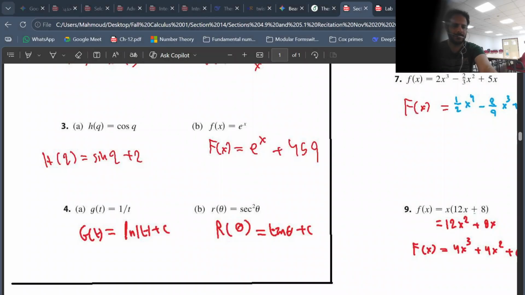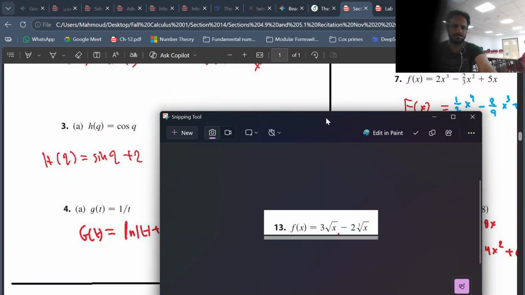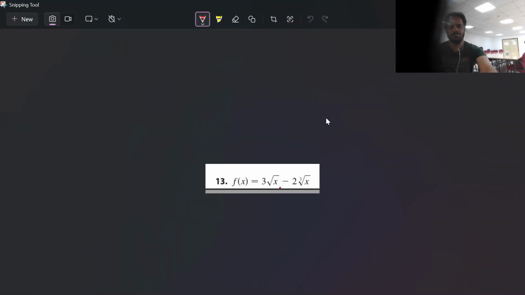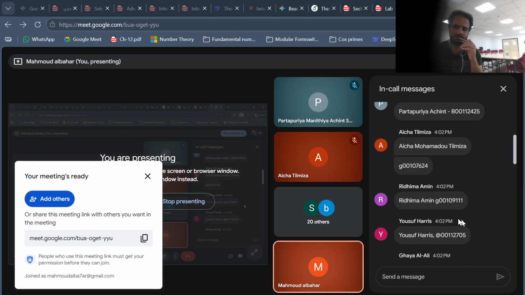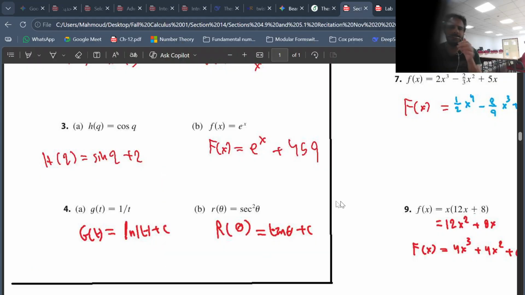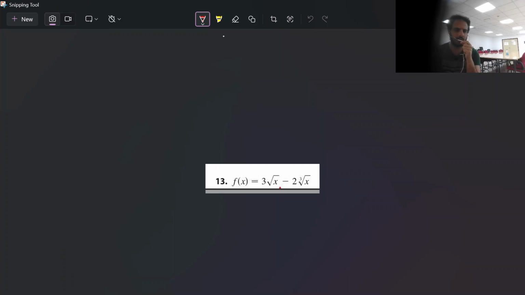Let's solve 13. Now, Redhima, Amin, please help me solving this problem 13. You have f of x equals 3 square root of x minus 2 cube root of x.